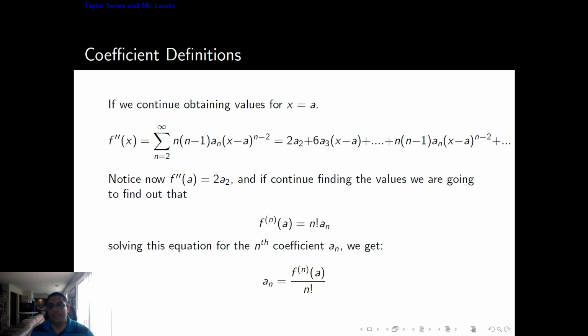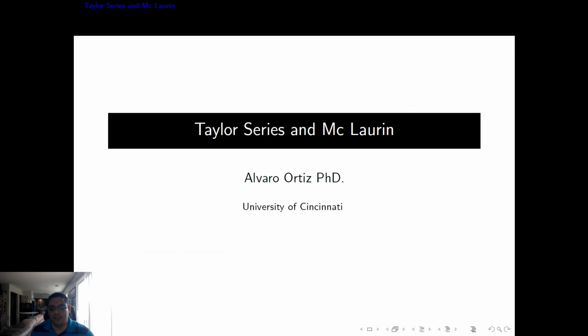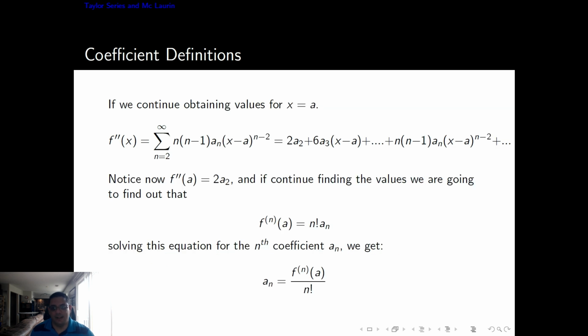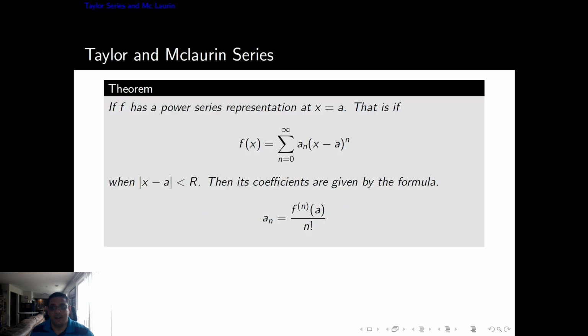Because remember, a power series is essentially just a group of coefficients and powers of x minus the point where it's centered, to the n. So the real important thing is, how am I going to find an? Well, this power series representation and the idea that I can take the derivatives leads me to find a representation for that sequence of coefficients.